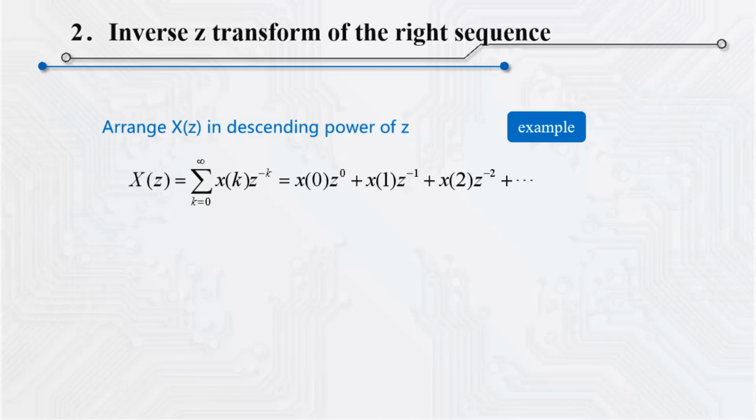This is a case of inverse Z transform of the right sequence. According to the example above, you can see that X of Z is arranged in the form of the descending power of Z. This is the corresponding result obtained by power series expansion.